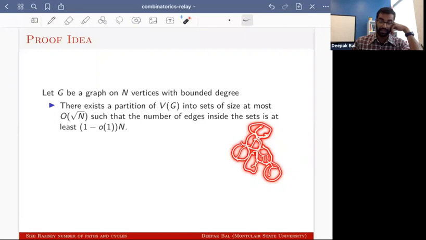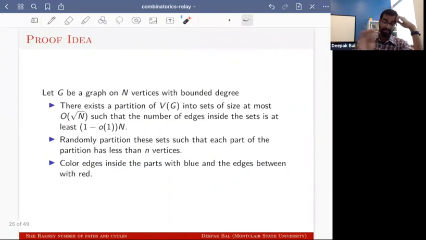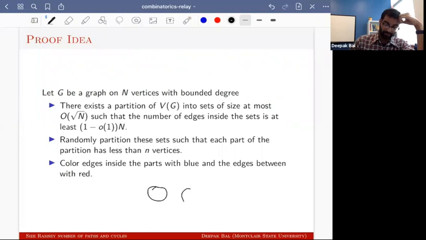Okay. Then what? Then you take these sets and you randomly partition them such that each part of the partition has less than n vertices. And you color the edges inside the parts. So you randomly partition them, say, you color the edges inside with blue and you color the edges across with red.